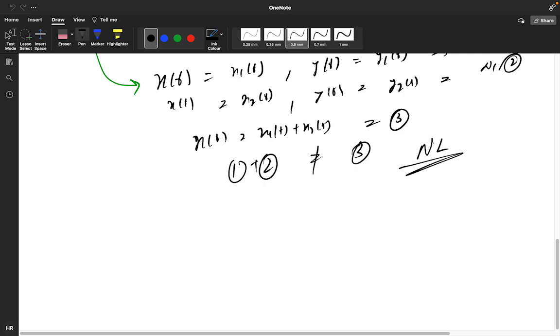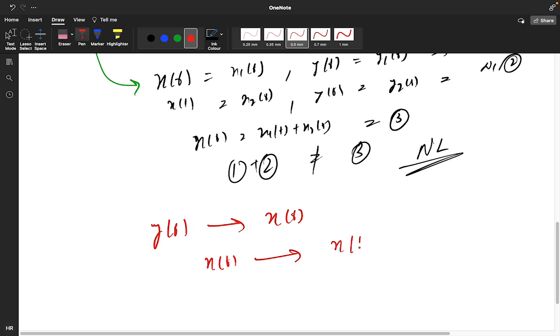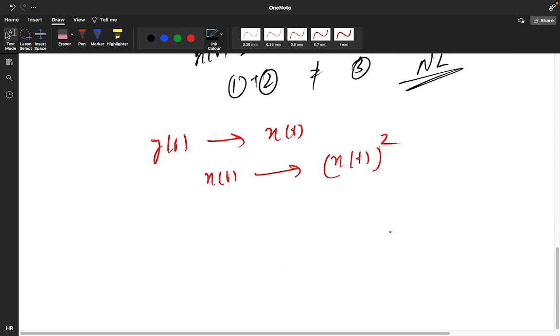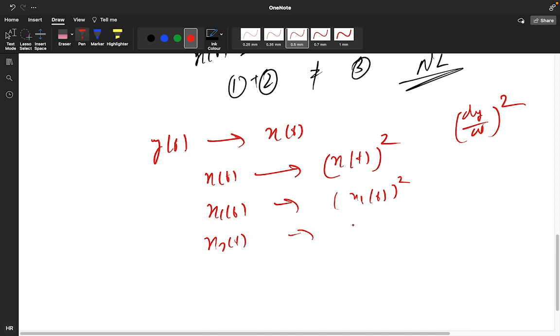Anything square means, see, you have y(t), you apply the input x(t) and you get the output as x(t) the whole square. So here (dy/dt) the whole square was there. In the square term, if you apply x1(t), you get x1(t) the whole square. If you apply x2(t), you get x2(t) the whole square. When you apply x1(t) plus x2(t), you get (x1(t) plus x2(t)) the whole square.